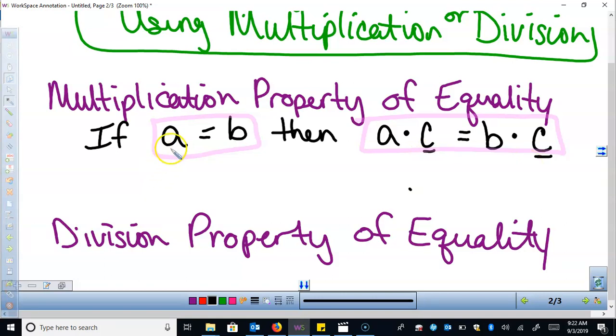So if A, for example, was some number divided by 3, and remember, these values can be expressions. So this is an expression, x divided by 3. And let's say B was 12. Just keep it basic.